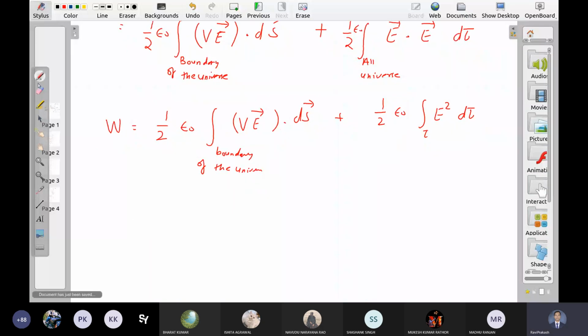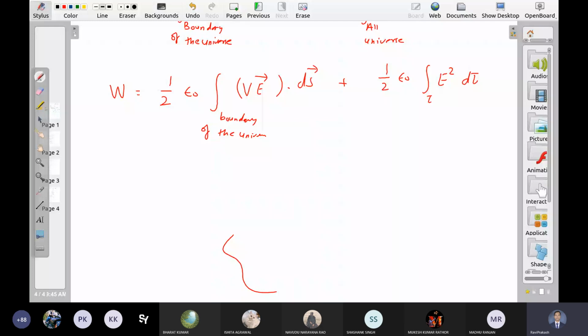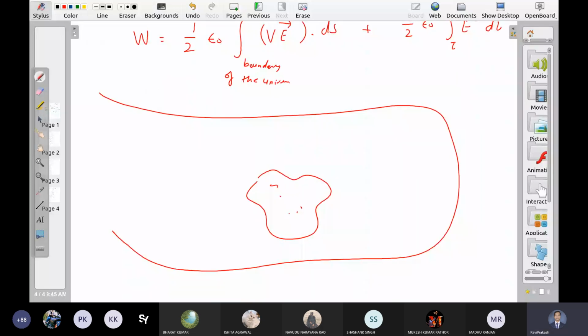We have some charges here in some arbitrary shape. But we are going to calculate this quantity over the boundary of the universe. Means at these points. And how far are these points from this charge? At infinite distance. So what is the potential here? 0. What is the electric field here? Maybe 0 again.